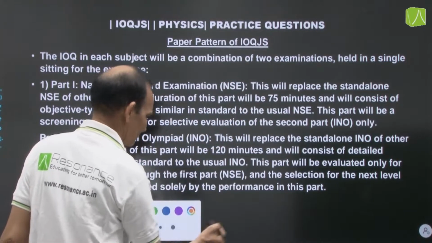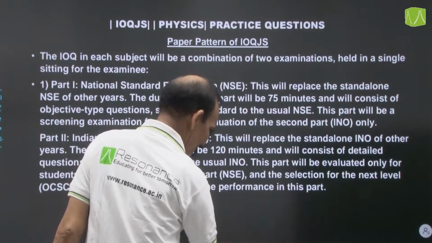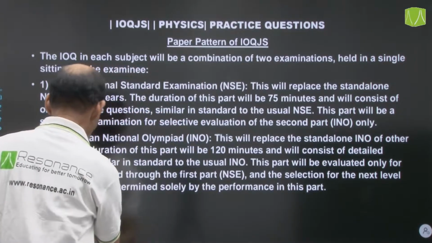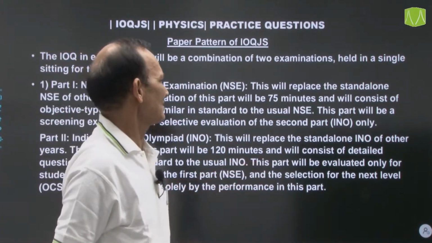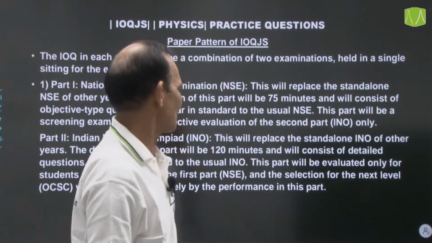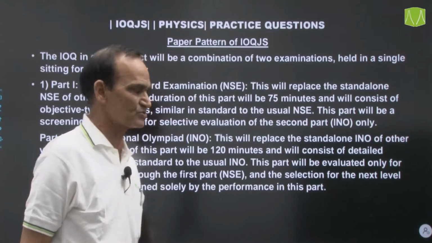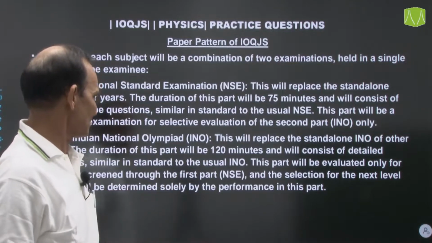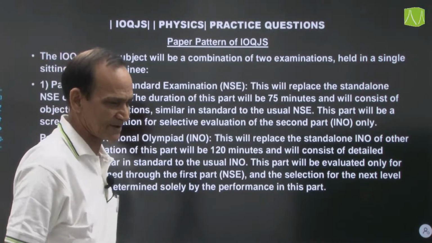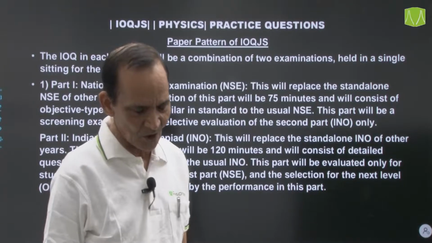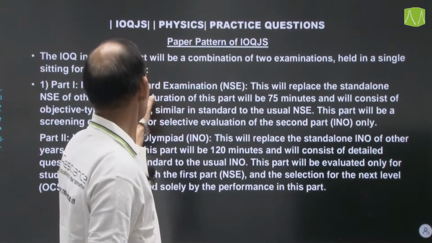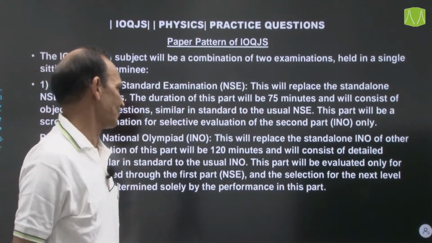MI means 80% average of the top 10 students, and MAS means 50% average of the top 10 students in the first stage, that is NSE.